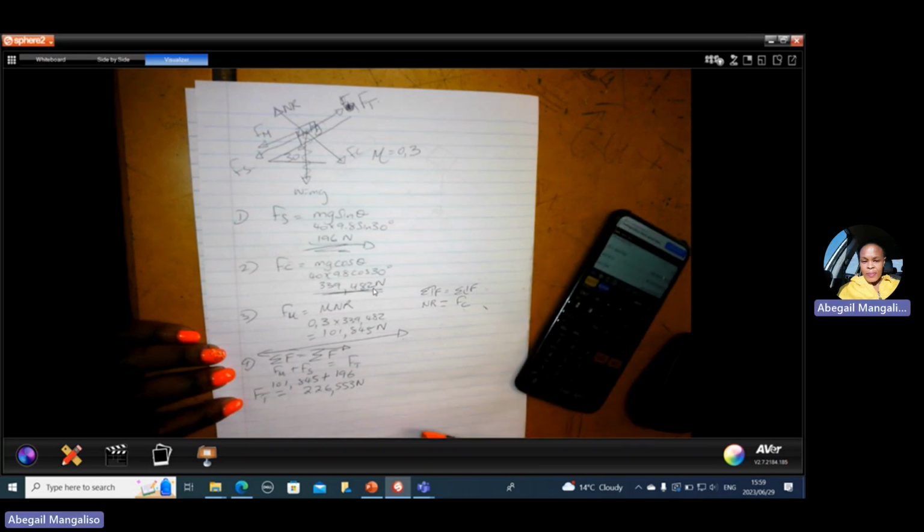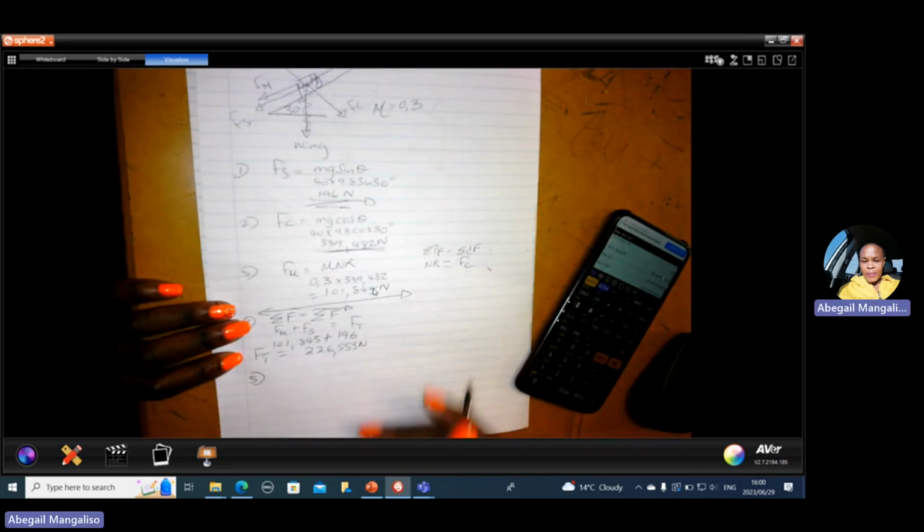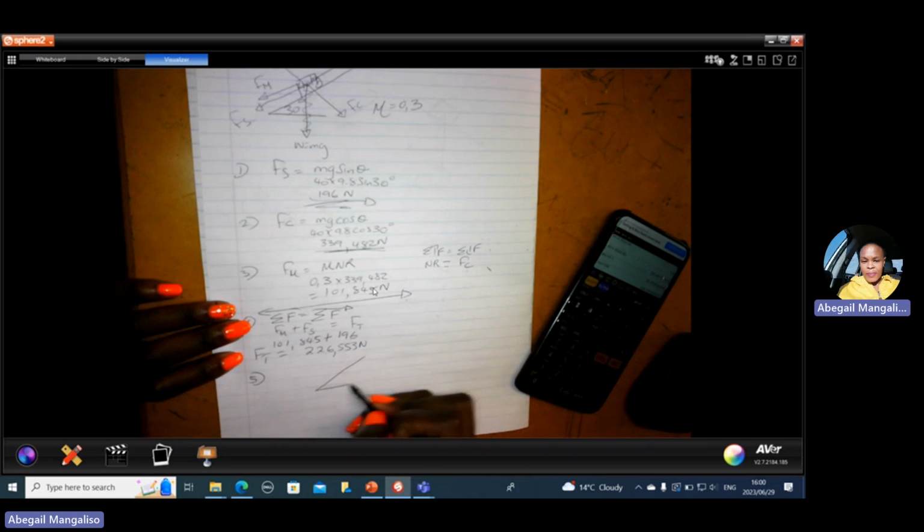In some questions, you can be asked to calculate the smallest force that is required to pull it down the plane. Let's say this was the last question of this question paper. So when you calculate the force that is required to pull it down, you go to your diagram, or let me sketch a new diagram.